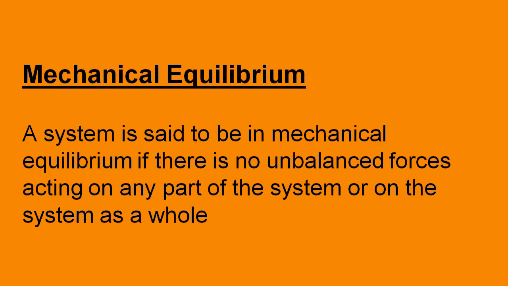First we will look for mechanical equilibrium. A system is said to be in mechanical equilibrium if there are no unbalanced forces acting on any part of the system or on the system as a whole.